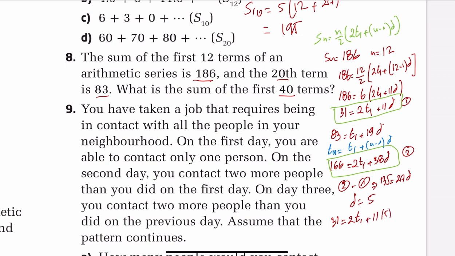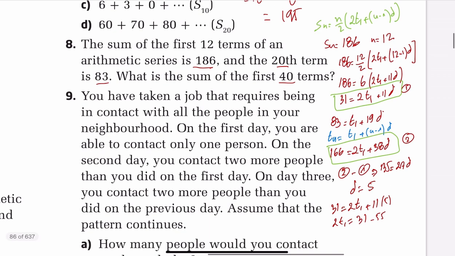And from here, I can isolate for T1. 2T1 is equal to 31 minus 55. So T1 is equal to minus 12. So I find my T1 and my d.